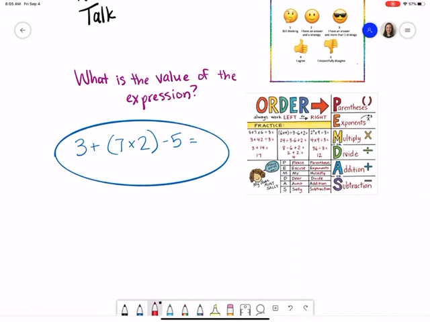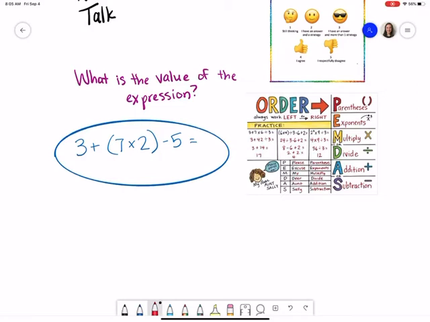All right, so the first thing I'm going to do when I look at this equation is remember, please excuse my dear Aunt Sally, which means parentheses, then exponents, then multiply or divide, then add or subtract. So, first thing I'm going to look for is parentheses.